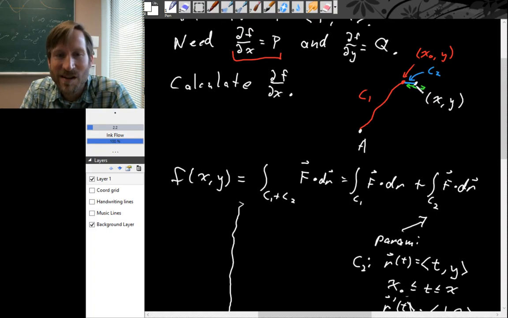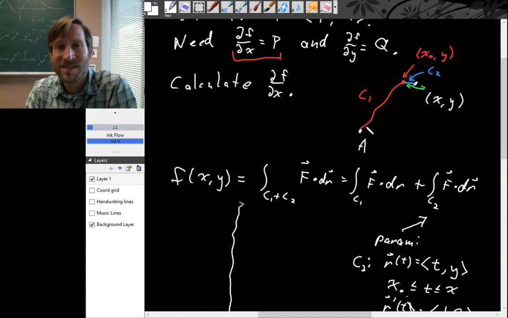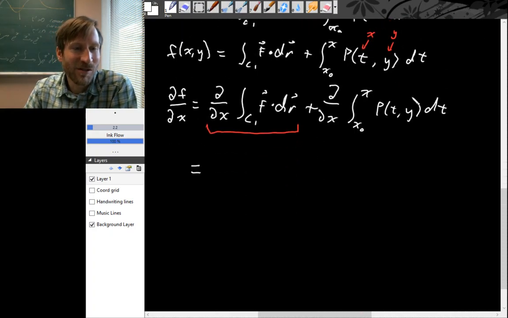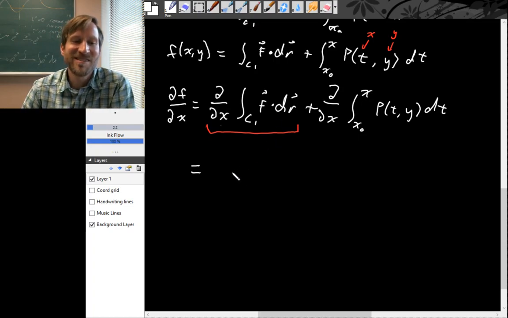Since this point is moving back and forth in the x direction just a little bit, it never interferes with the point x naught comma y, so it never passes the end point of C1. All of that means that this path C1 isn't going to change at all as the ending point, x comma y, moves around a little bit. And that means nothing in this line integral changes when x changes. But if this line integral doesn't change when x changes, that means its derivative is 0.